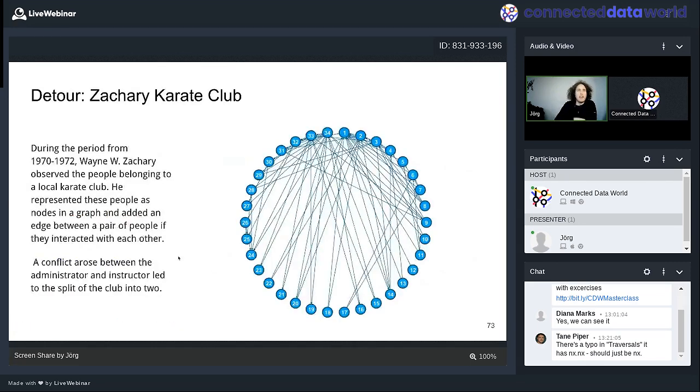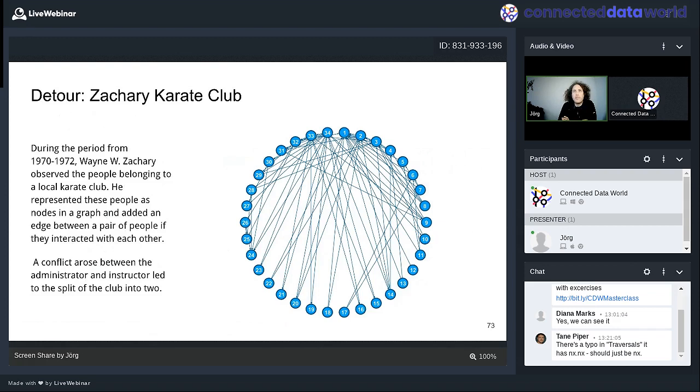As a short detour, another data set. We already learned about the Cora data set, the citation network, earlier. The other very famous data set in graph machine learning and graph analytics is Zachary's Karate Club. It is based on observations by psychologists, I believe, who observed interactions of people inside a karate club and also outside of class.